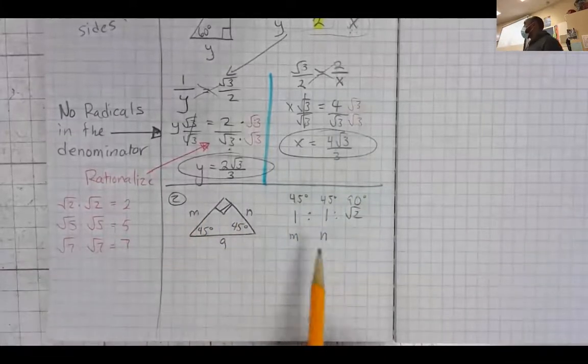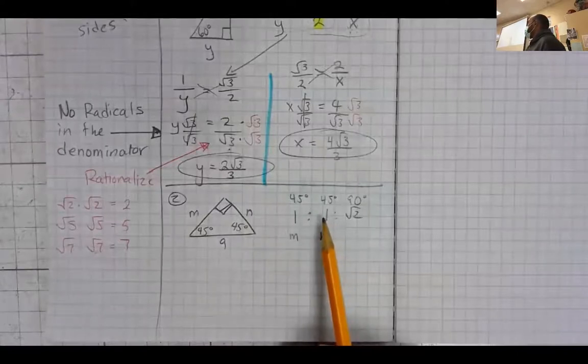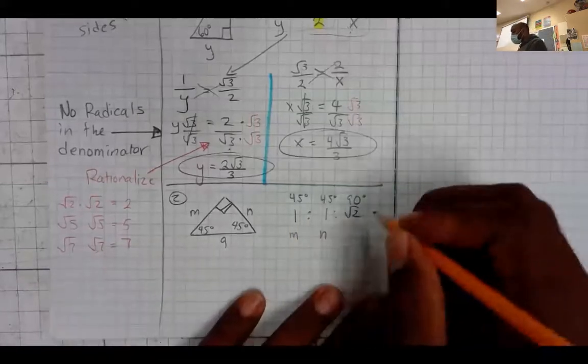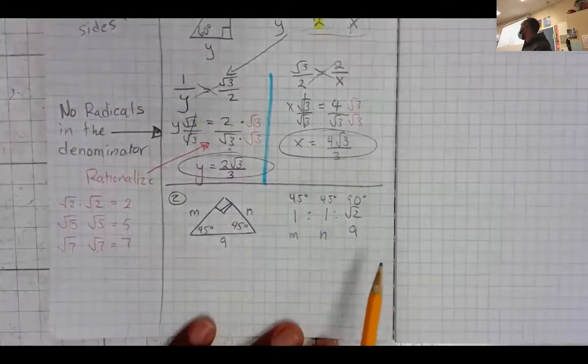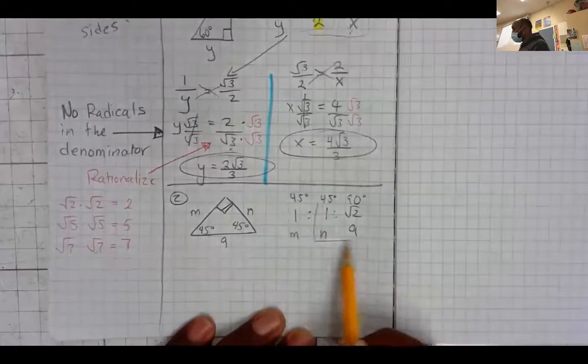And by the way, notice this is a 1-to-1 relationship, meaning they'll be equal. So if I find one of them, I already know the other because they're going to be the same. So I don't have to look for it twice, because they'll always be equal. And then the last one here is a 9. So basically, I only have to do one step here. I only have to find either m or n, and then I'm done, because that will give me the other side.